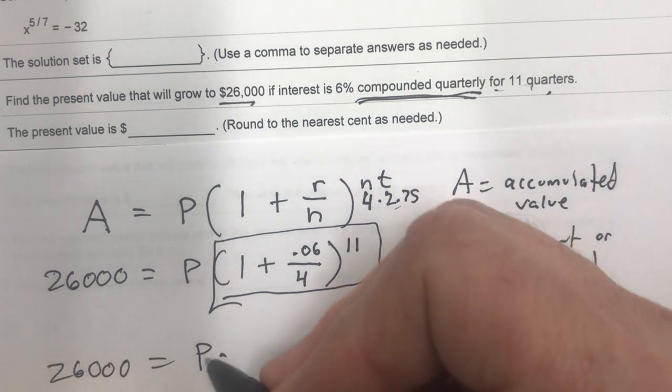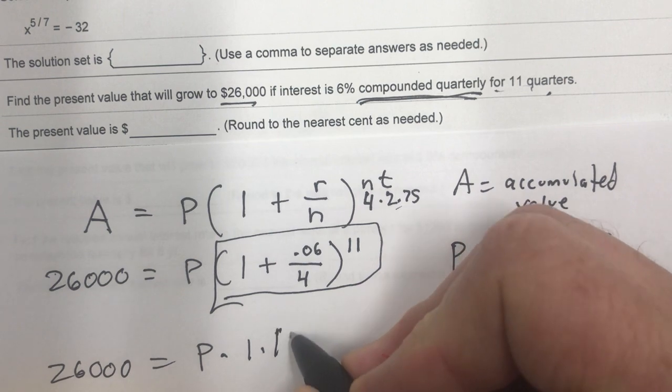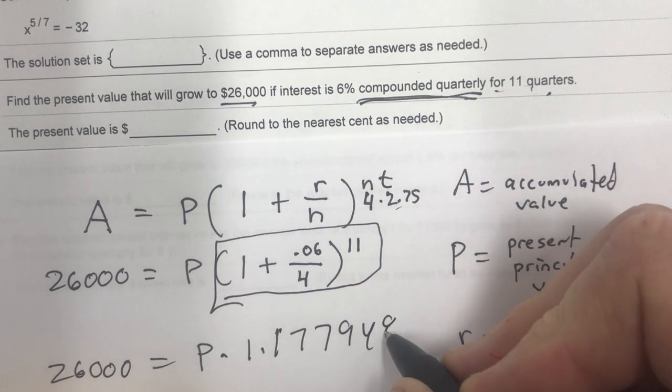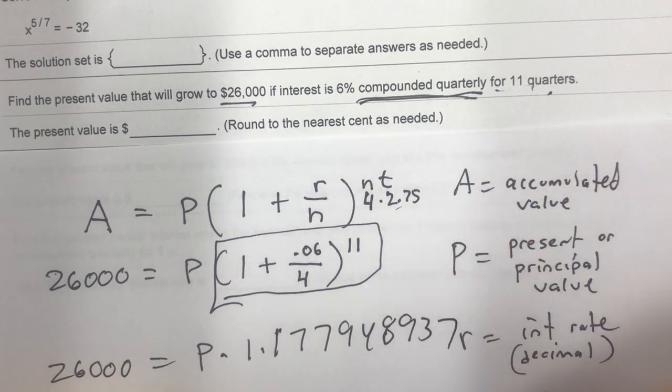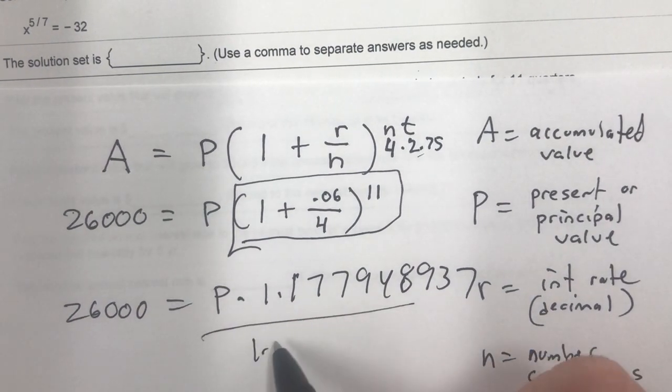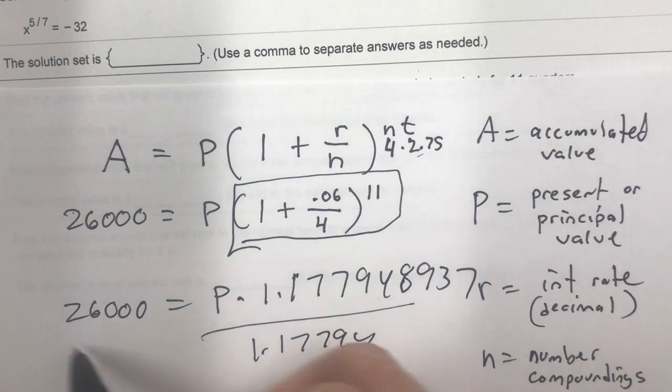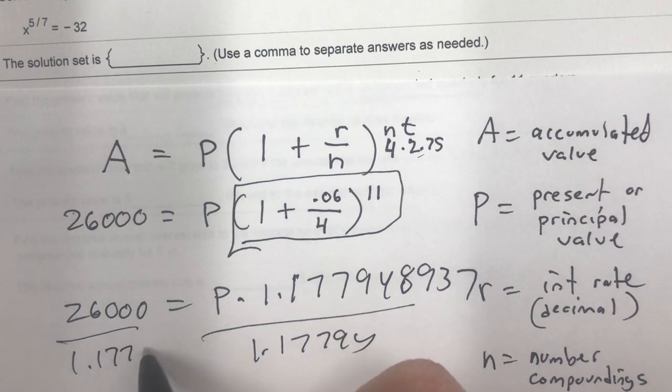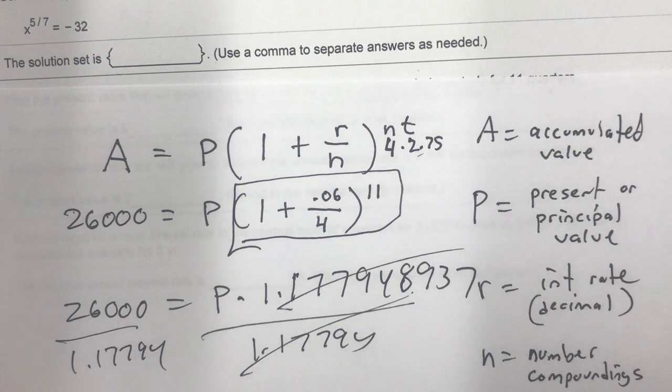And that's this number right here. And so to solve for P, I just divide both sides by that. That'll cancel off, and P equals this.